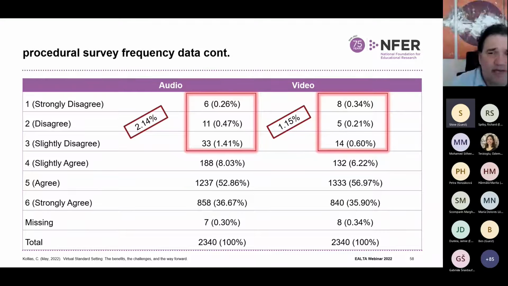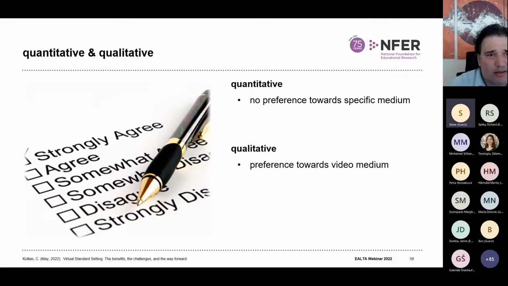Overall, even the procedural data is great. So at the end of the day, quantitative and qualitative, no preference towards a specific medium for quantitative. However, again, in their open-ended answers, they express preference towards the video medium.